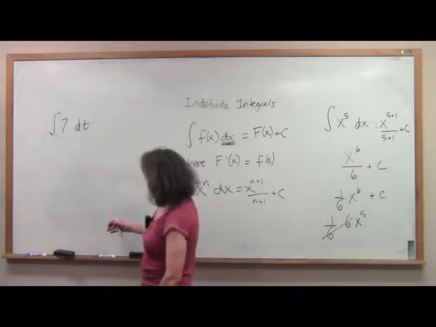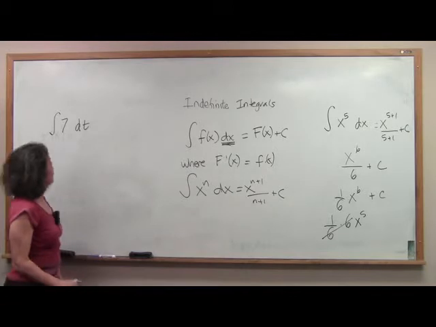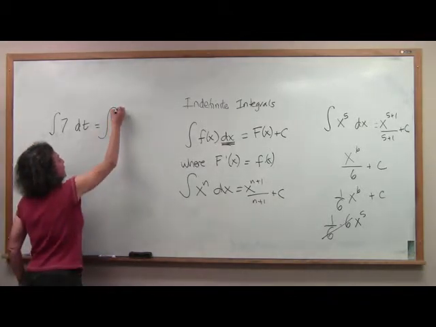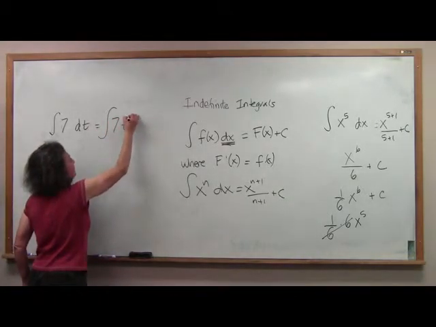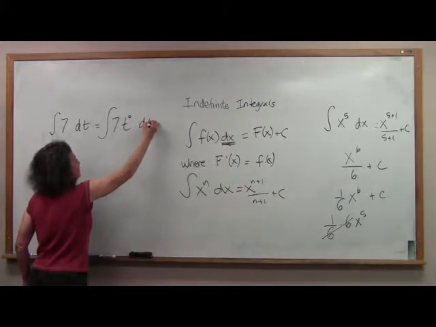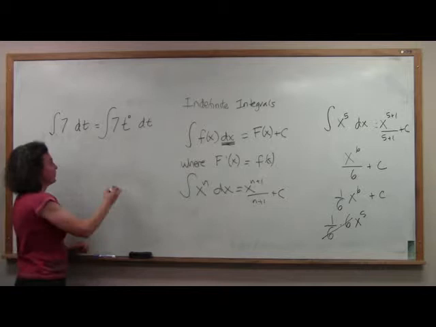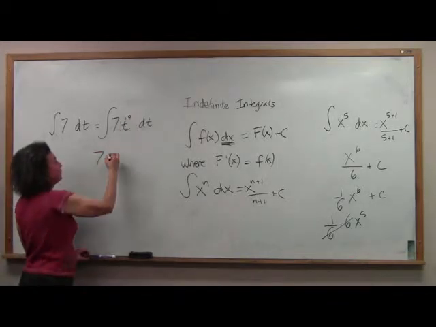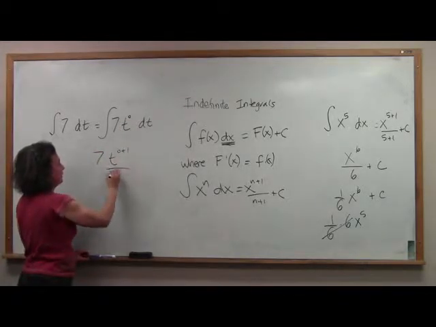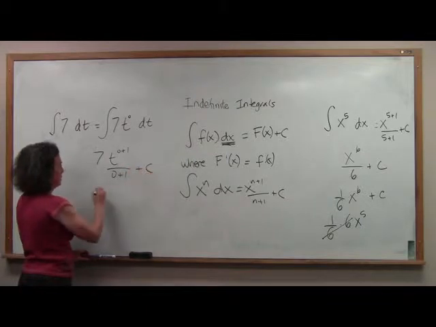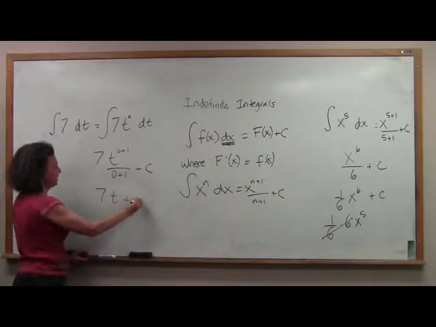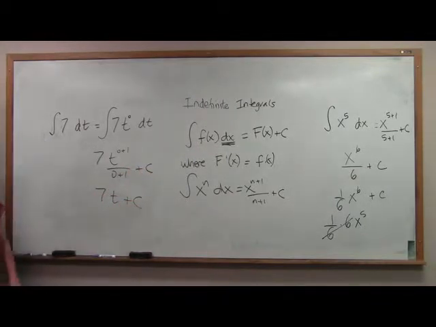Well, you might wonder, how do we apply this rule? Well, I claim this is the same as 7 times t to the 0 dt, because anything raised to the 0 power is 1. So what you do is you add 1 to the exponent. So I claim you get 7t plus c.